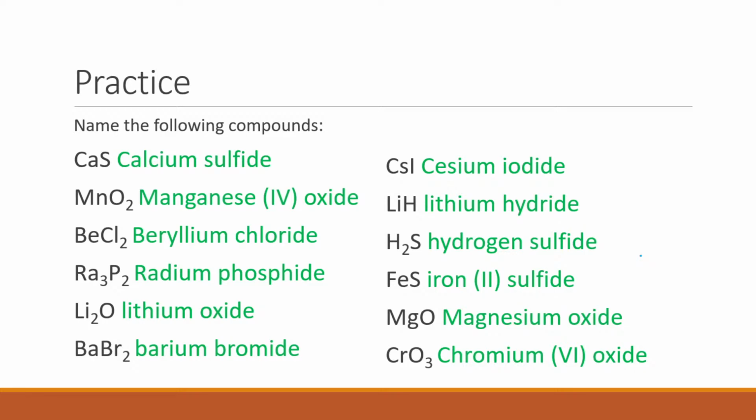So, remember that you only need a Roman numeral if your positive ion has multiple options. Magnesium can only ever be +2, so we don't need a Roman numeral for it. Barium can only ever be +2, so we don't need a Roman numeral for it. Lithium can only ever be +1, so we don't need a Roman numeral for it.